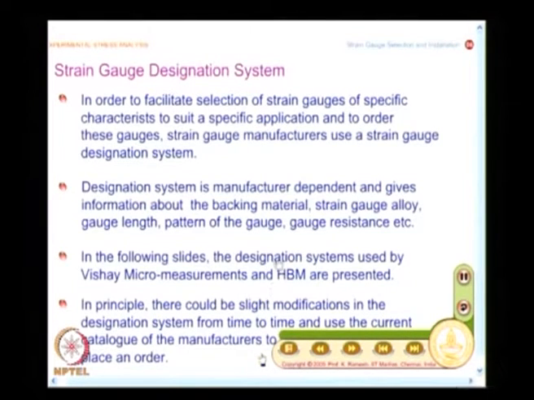So, here we are looking at what aspects are important. That also gives you an idea how you go about deciding what strain gauge you want.